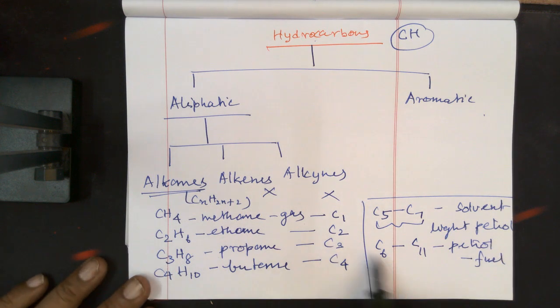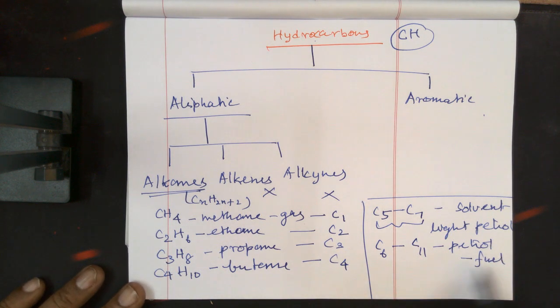So with the increase of carbon atoms, it results in wax, a solid state. It starts from gas and becomes liquid, and with the increase like C16, C18, C20, this range is used in lubrication oil.